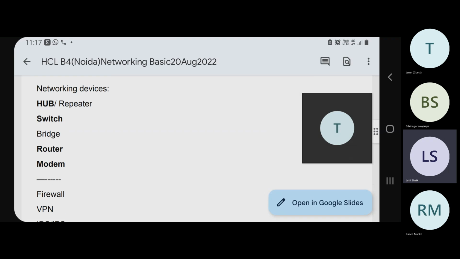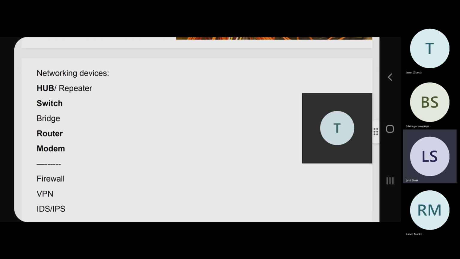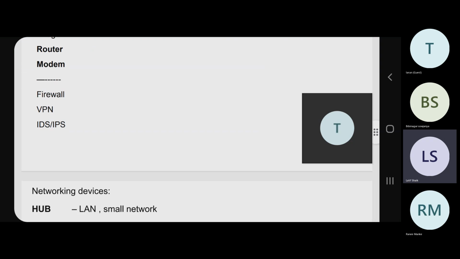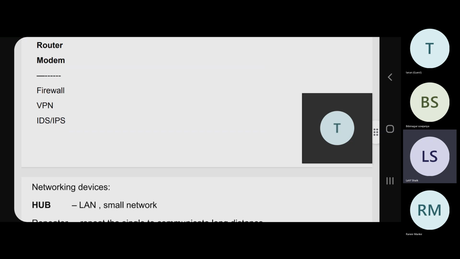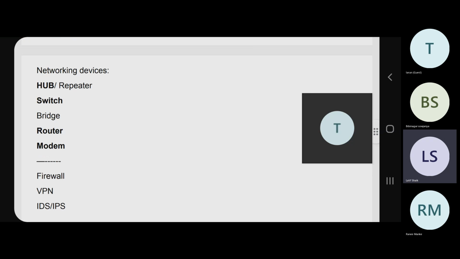Networking devices like switches, routers, bridges, firewalls, VPN. The important devices are hub, switch, router, modem. A repeater is like a hub, but with different functionality.